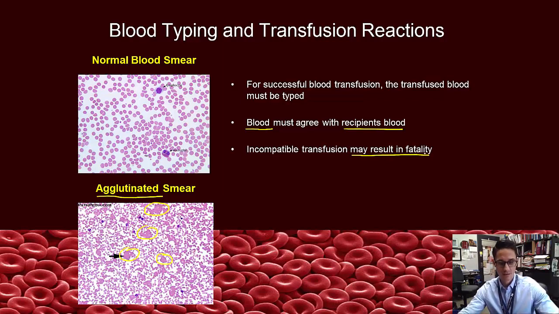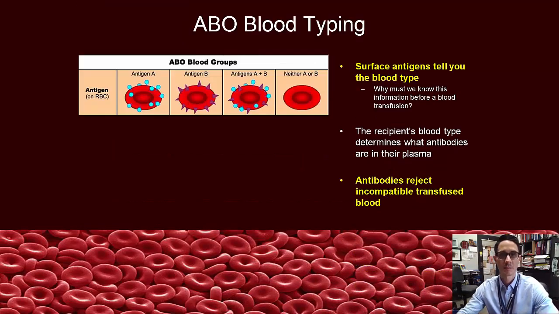All right, so let's take a closer look at how we type blood. What we're looking at here are some red blood cells, and on the surface of red blood cells, and on the surface of all our cells, we have things called antigens.